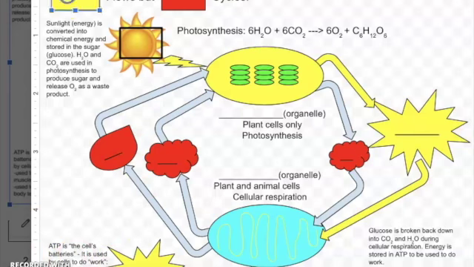To start us off, I want to make sure that we understand that what is yellow in this diagram is referring to energy, and what is red is referring to matter. And what we can see, even from this image right now, is that energy flows through these two processes.